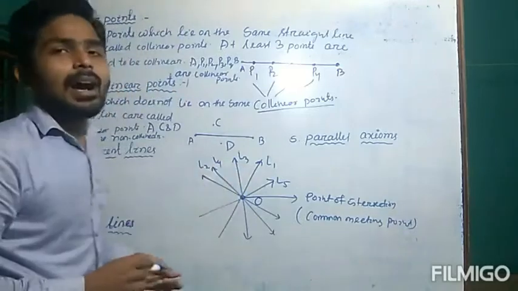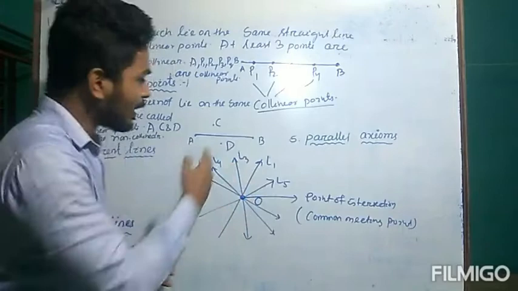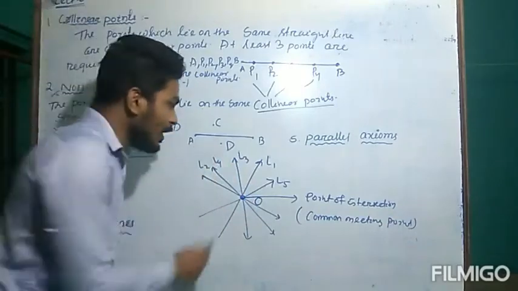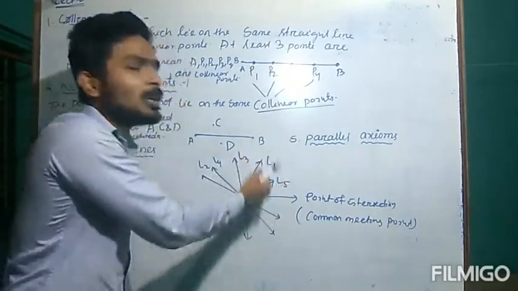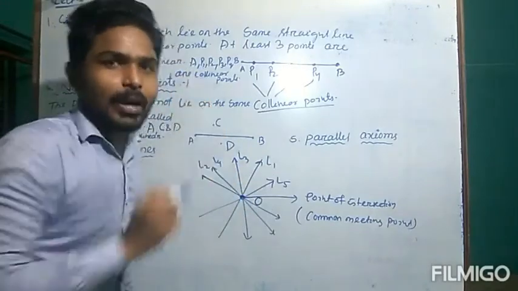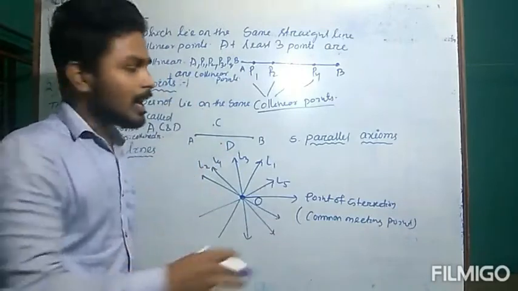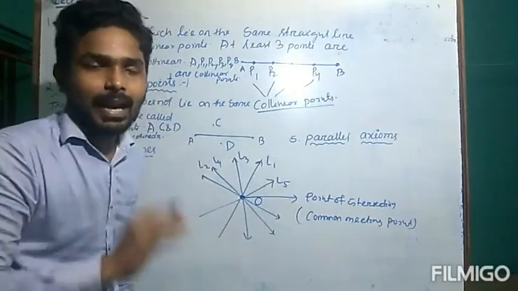Then such lines are known as concurrent lines. Understood? So what are concurrent lines? If two or more straight lines pass through a given common meeting point or point of intersection, they are known as concurrent lines.